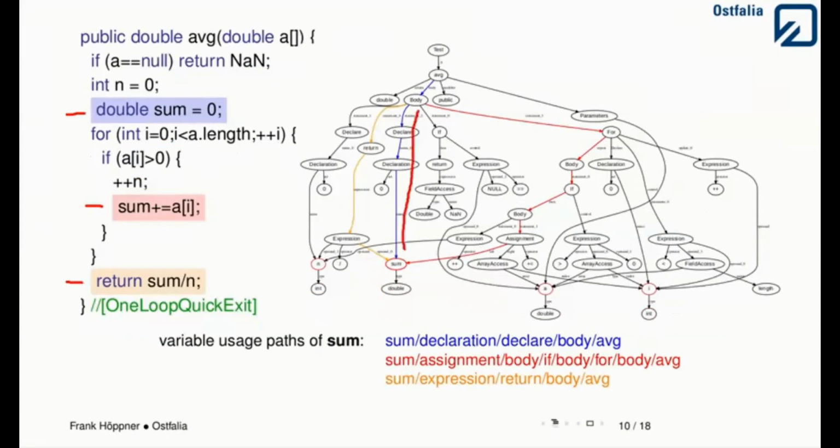For instance, this blue path corresponds to the declaration. Sum is declared in the body of average. So this is why we call these paths variable usage paths, or VUP for short. We write down the paths here at the bottom to get a textual representation of the path.